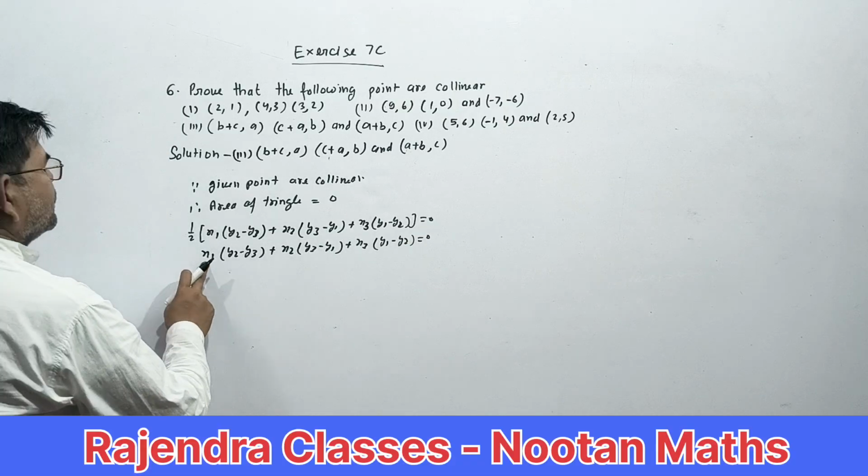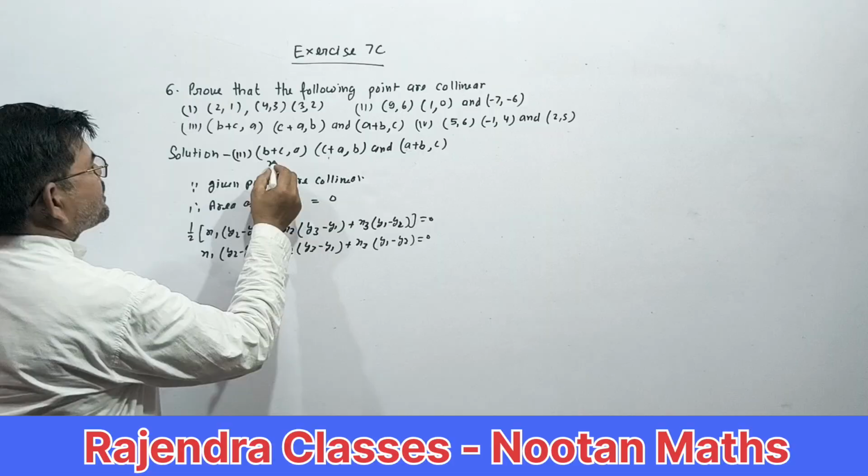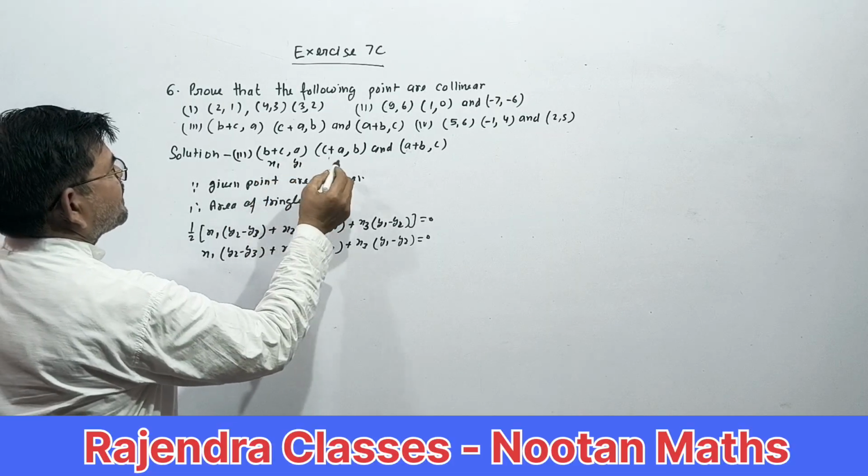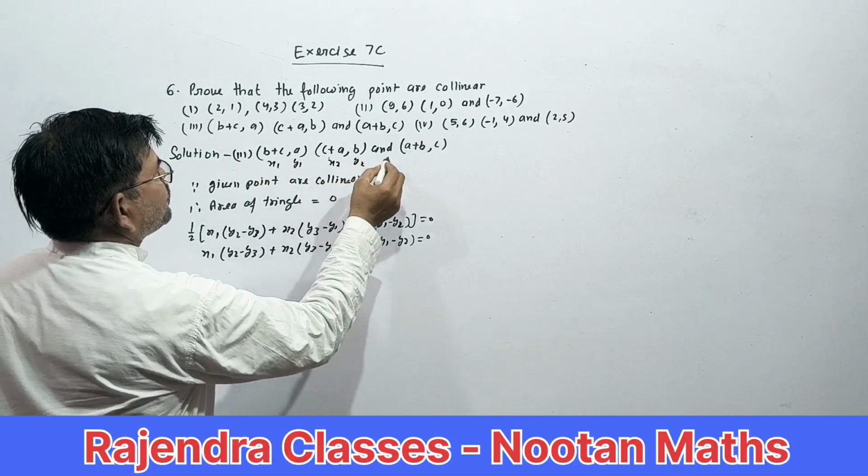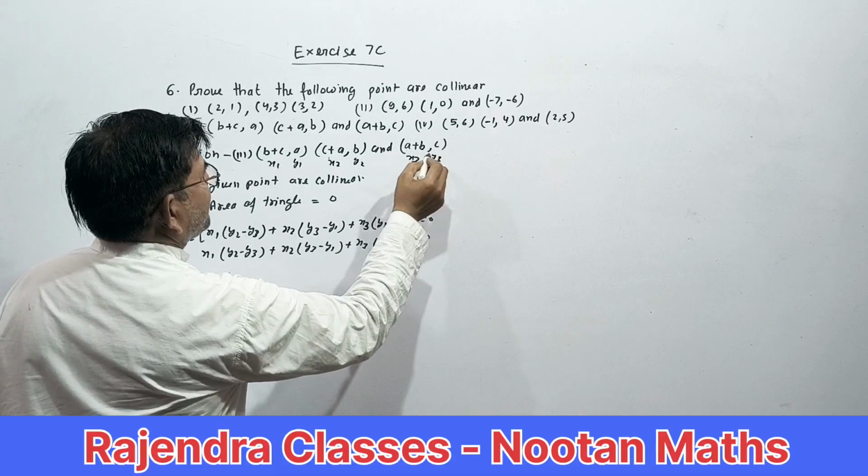We put the value of x1, so x1 is here and y1, x2, y2, x3, y3.